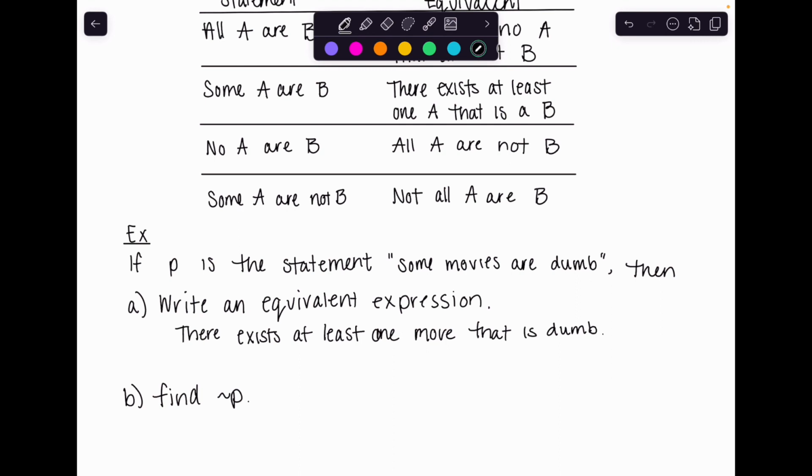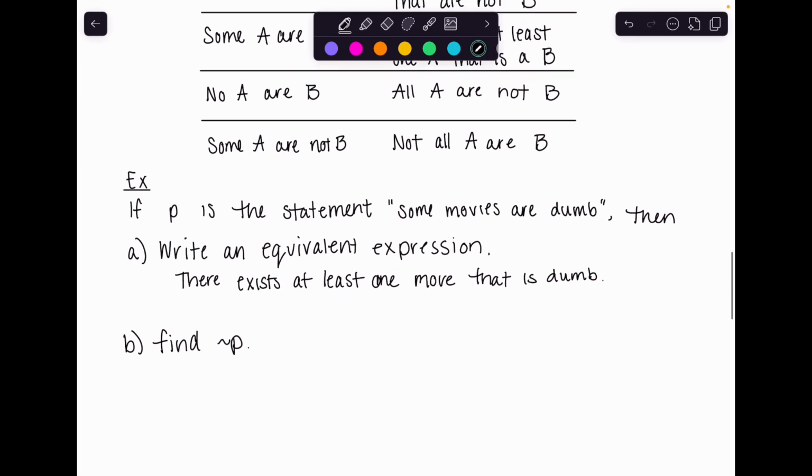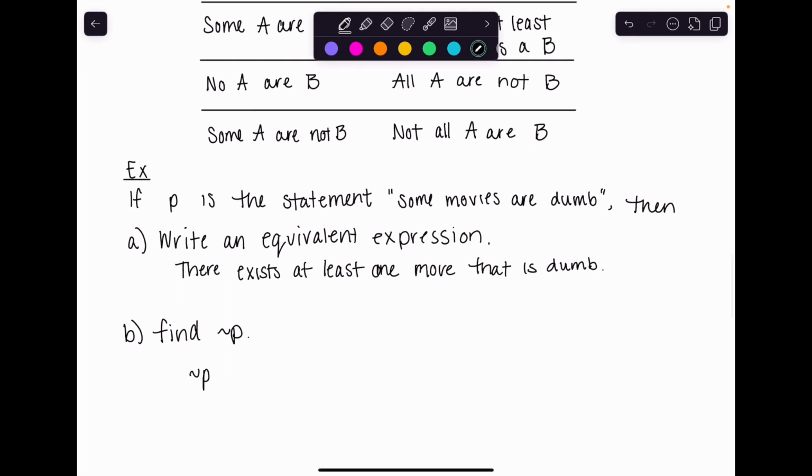So same exact meaning for these. Okay. If I want to find the negation of this statement, because again, that is not P, I'm going to work with this one because that's a little bit easier. So some are would then some switches to one of the extreme quantifiers. So in this case, because some are, I want to say none are to have the opposite meaning. So the negation of P is going to be the statement, no movies are dumb.